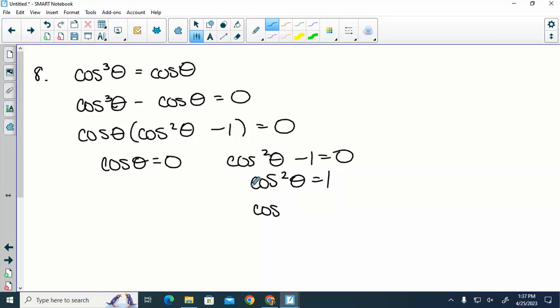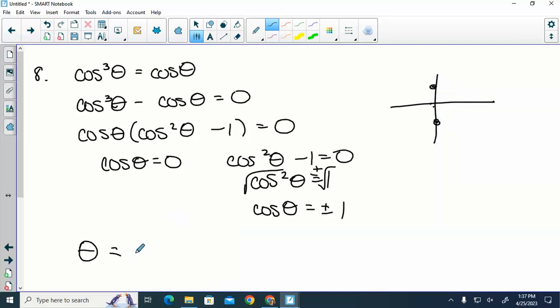So this one you do square root with that plus and minus, so we get positive and negative. So theta equals, when cosine is 0, so if you think about your unit circle, cosine is the x, so x is 0 here and here.